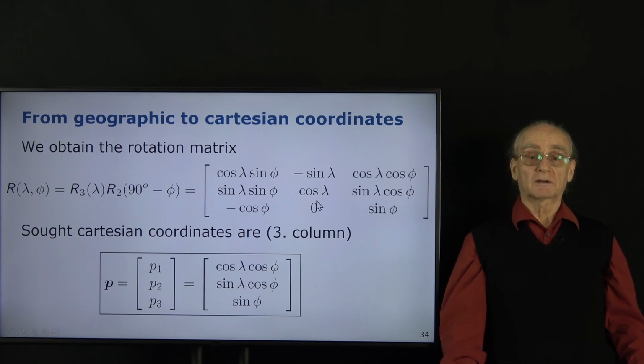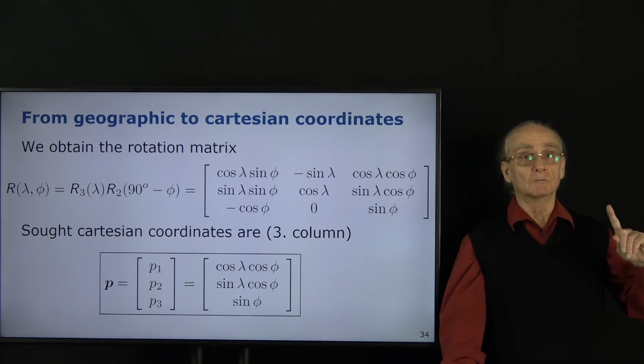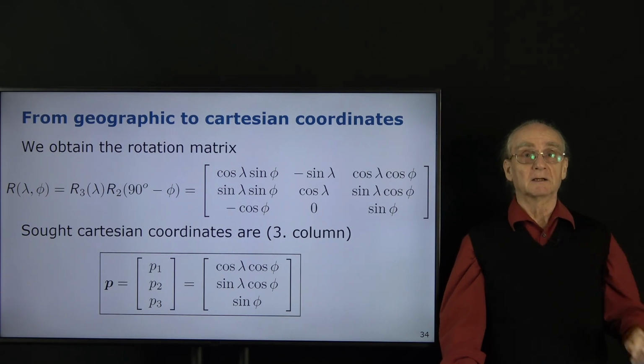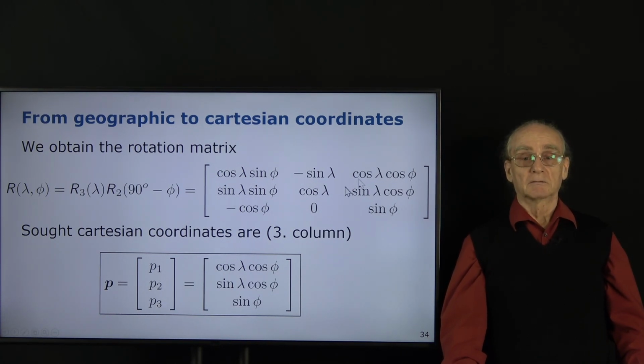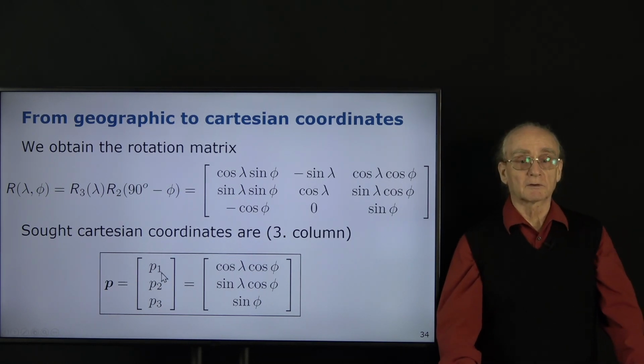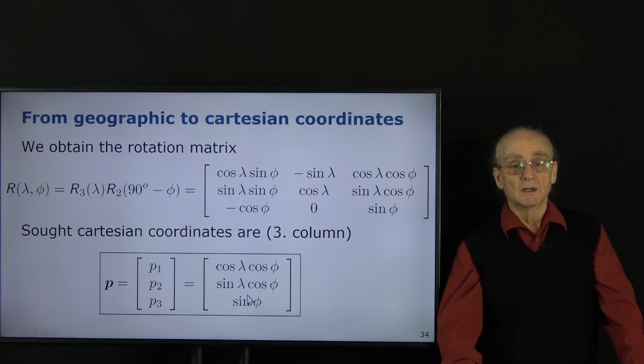And now we know that the third column is actually the transformed, the moved point. That means the coordinates of the point P in the XYZ coordinates. So the point P has the three coordinates P1, P2, P3, which are these expressions. So this is an explicit expression for how to calculate the 3D Cartesian coordinates from the geographic coordinates of that point.